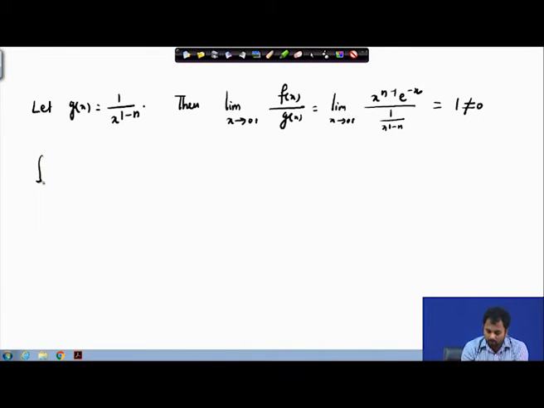And what about g(x)? Next, consider the integral from 0 to 1 of dx by x to the power 1 minus n. This integral has a point of infinite discontinuity at x equals 0.